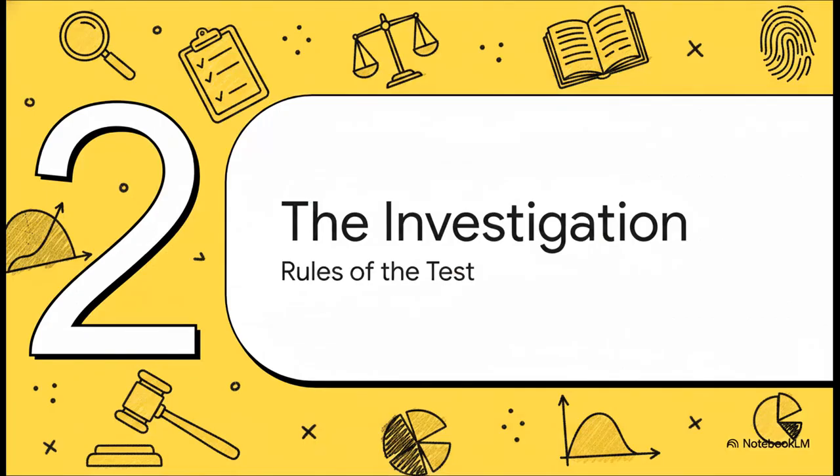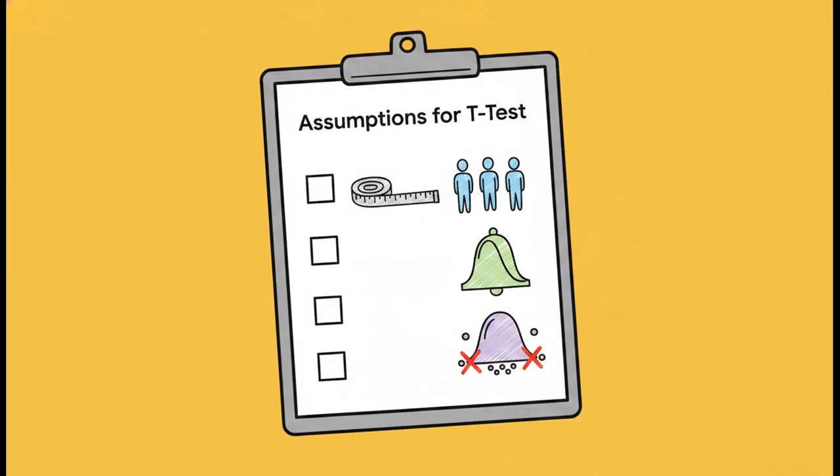All right, before we start digging into the clues, every good investigation has rules, right? You've got to follow the rules. In stats, we call these assumptions. And sticking to them is super important because it's what makes sure our final verdict is actually trustworthy. So here are the rules for a fair t-test. Pretty simple stuff, really. First, your data needs to be on a continuous scale, like height or weight, where you can have decimals.